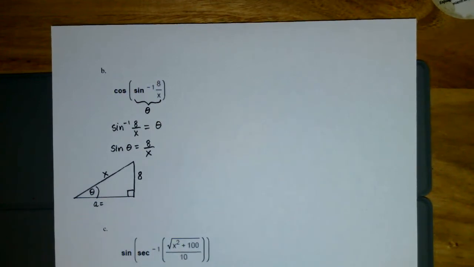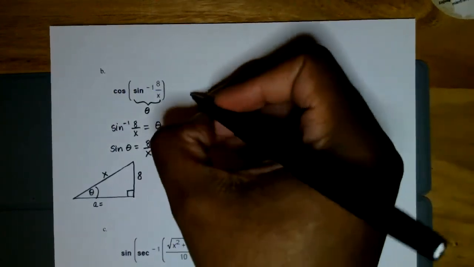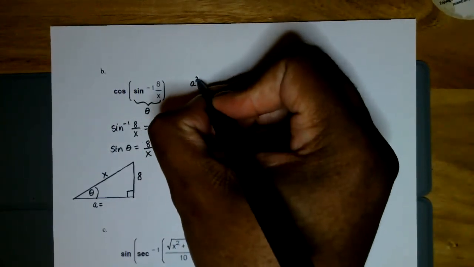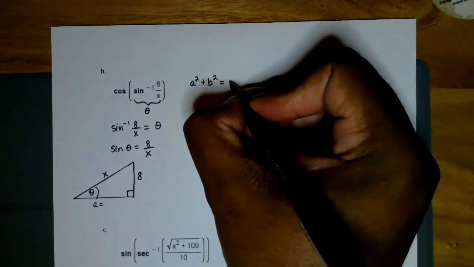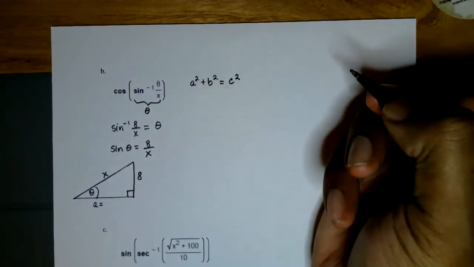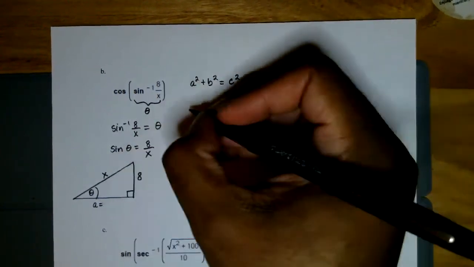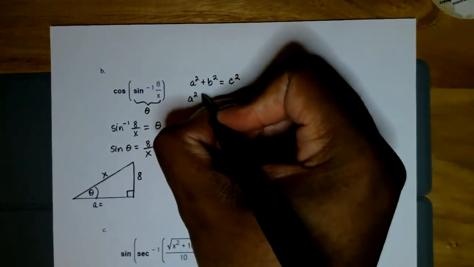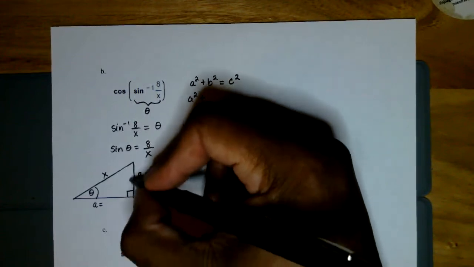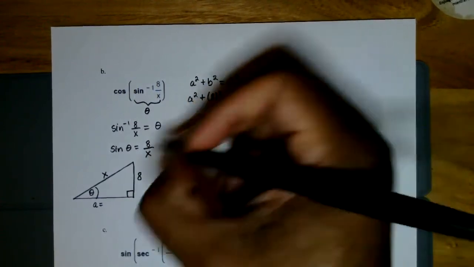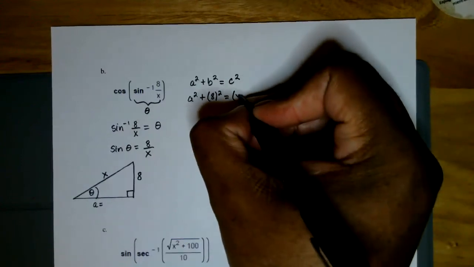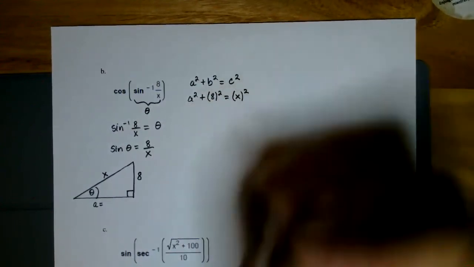So here I need to use the Pythagorean Theorem, which is, of course, a squared plus b squared is equal to c squared. And a is what I'm trying to find, so I'll bring down the a squared plus b, that's this leg, that's 8, it will be squared, equals c, which is your hypotenuse, that's x, that too will be squared.